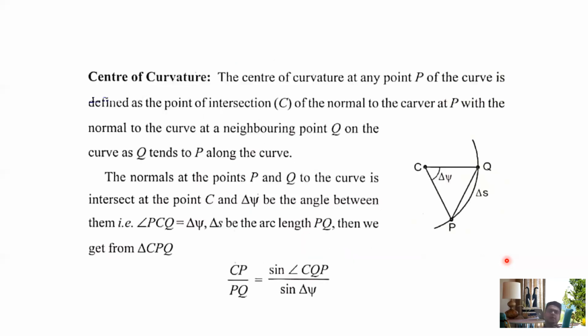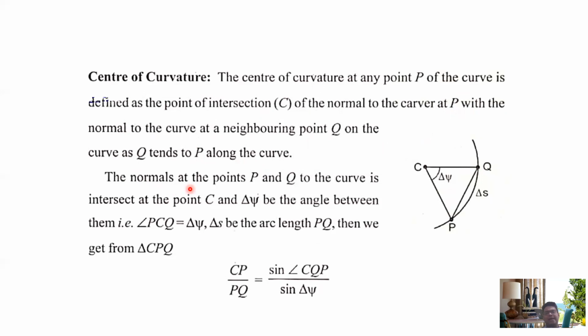Now, center of curvature. This is also another point. First radius of curvature, then center of curvature. The center of curvature at any point P of the curve is defined as the point of intersection C of the normal to the curve at P with the normal to the curve at a neighborhood point Q on the curve as Q tends to P along the curve.